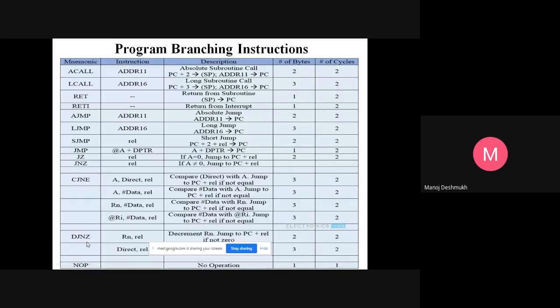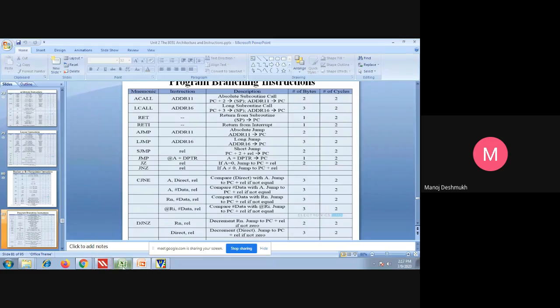DJNZ. So here DJNZ is nothing but decrement and jump if not 0. In this case, when we consider some contents related to, suppose, Rn, for that purpose we have to perform the operation like decrement first and then jump to the memory location or address pointed by rel, if it is not 0.